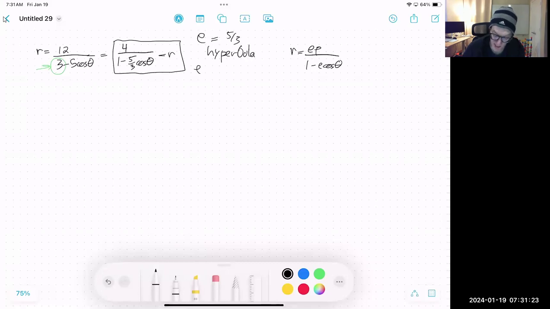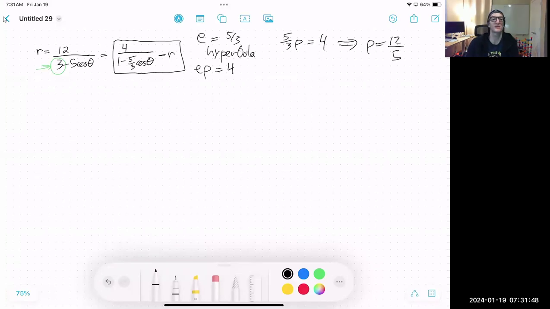I can also tell you that EP is going to be 4, because we derived these equations in general earlier. If EP is 4 and E is 5/3, then 5/3 P is 4, so P is 12/5.